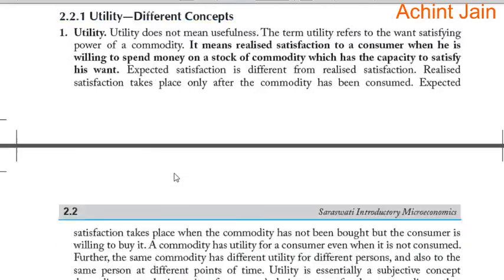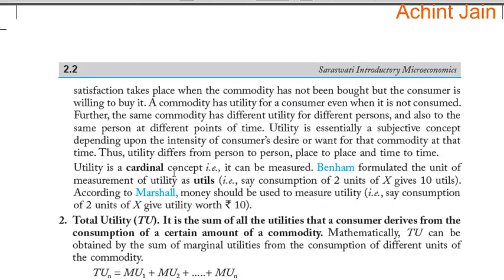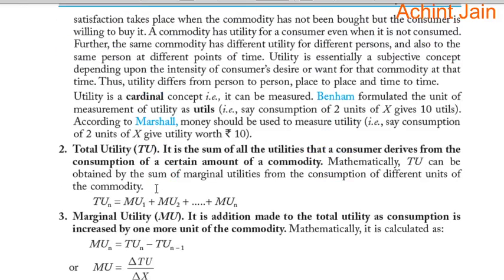Now we will discuss the approaches of utility. We have two approaches. One is the cardinal utility approach and another is the ordinal utility approach. The cardinal utility approach was given by Professor Alfred Marshall.